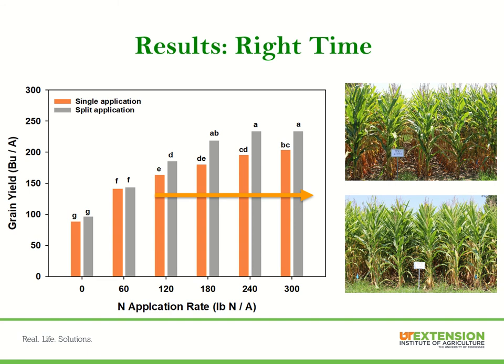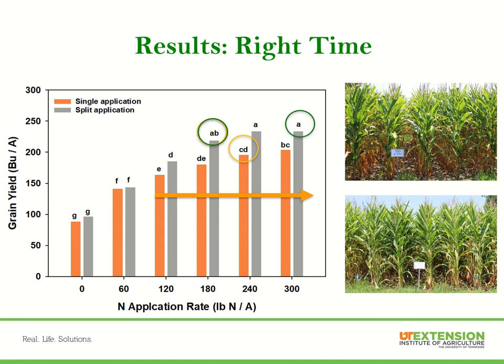What you start noticing is that you see differences in yield at the 120 pounds of nitrogen per acre rate and beyond. Secondly, the split application of 180 pounds of nitrogen per acre had higher yield compared to single application of 240 pounds of nitrogen per acre.